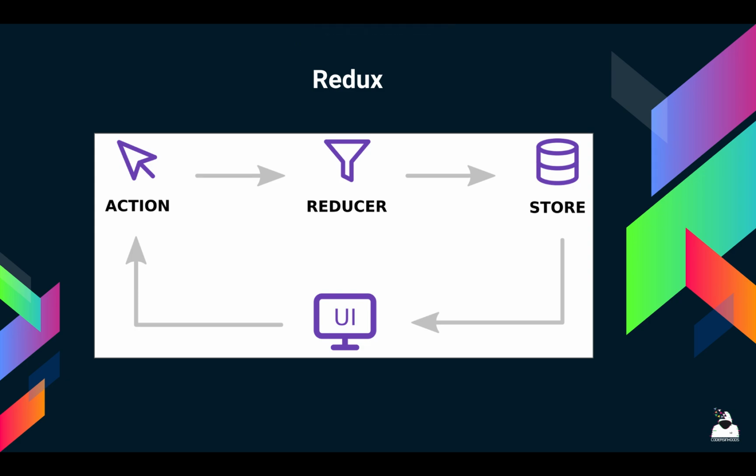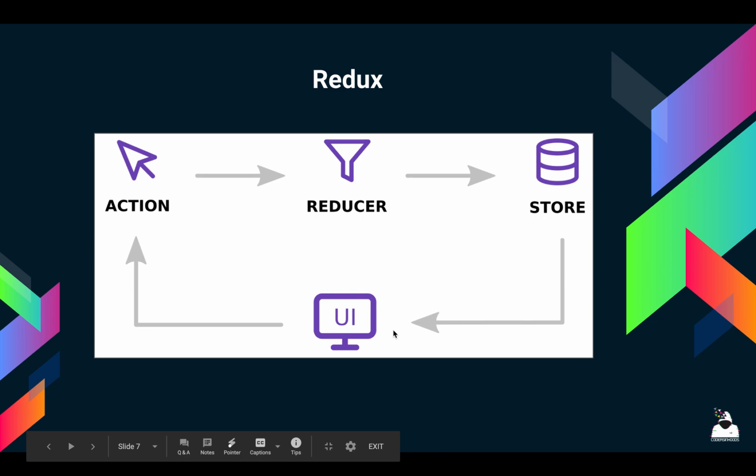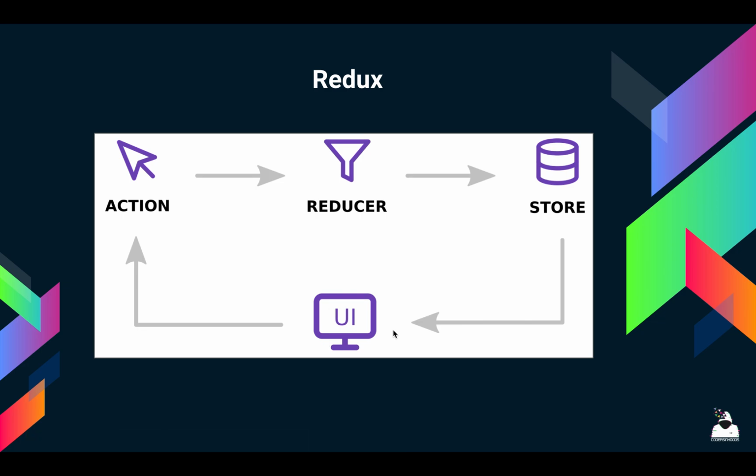So Redux is made up of three parts, and the UI down here is React or vanilla JavaScript or whatever. We have actions. These are when things happen, when a user interacts with your site, something happens. A reducer is what handles those actions, and a store we've already talked about.